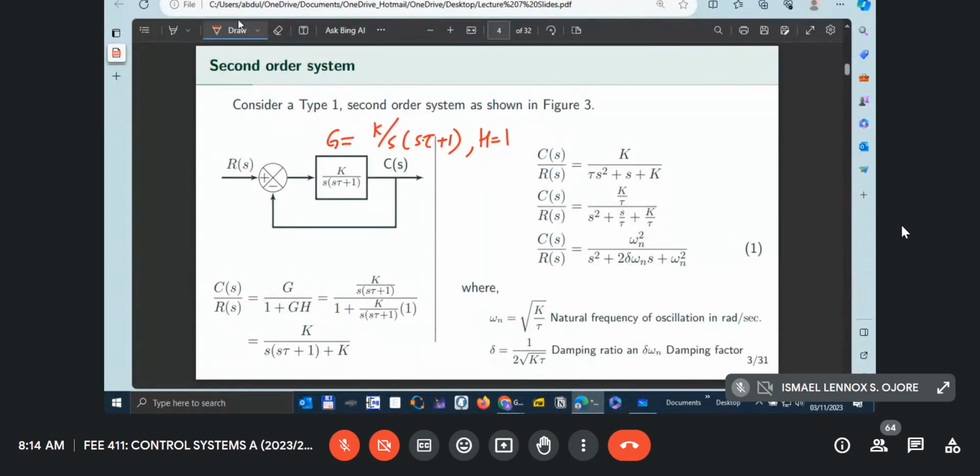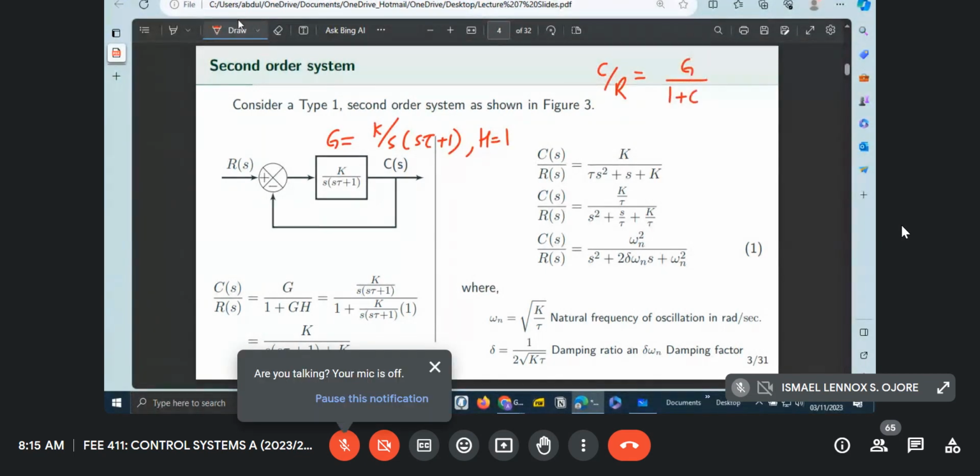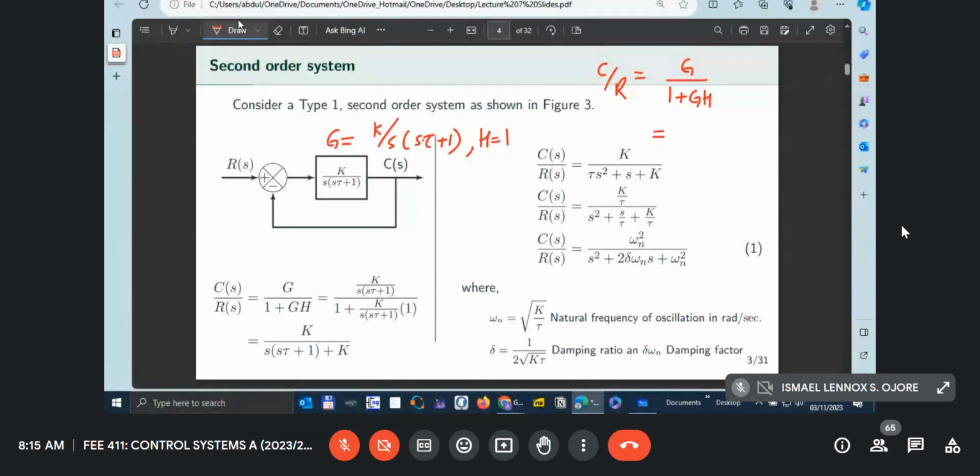If we want to find the relationship between output and input, that is C over R, we can use this formula, remembering that here H is equal to 1. So we substitute K over s(s tau plus 1), and again K over s(s tau plus 1).